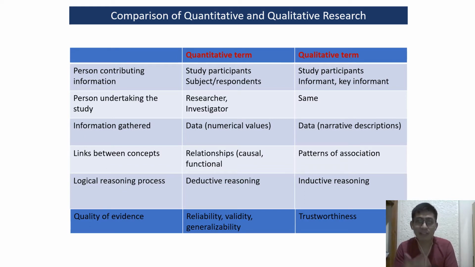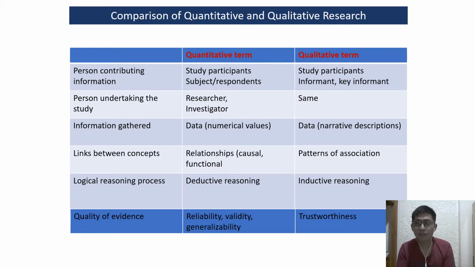Information gathered is data: numerical values in quantitative, while in qualitative research it's more on narrative description. The links between concepts, or relationships, are more causal and functional in quantitative; in qualitative, it's more on patterns of association.